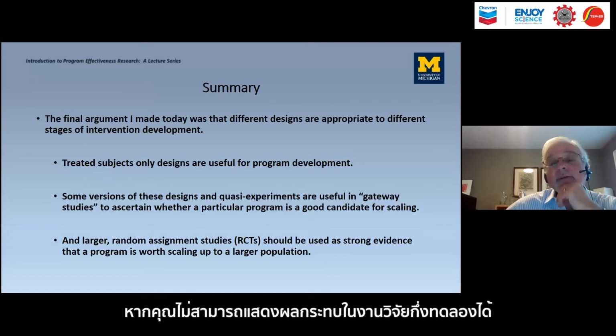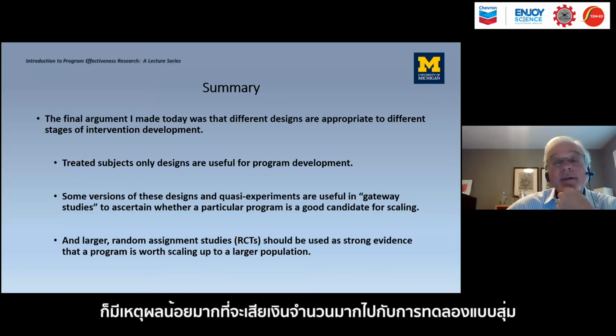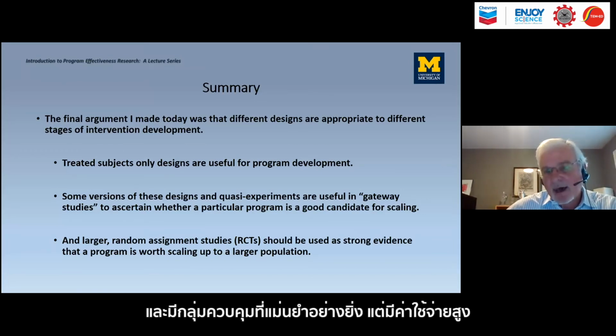If you can't show an effect in a quasi-experiment, then there's really little reason to spend a lot of money conducting an extremely rigorous and high-cost randomized controlled trial.